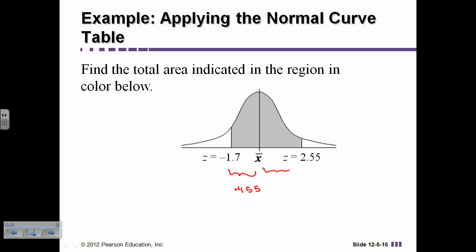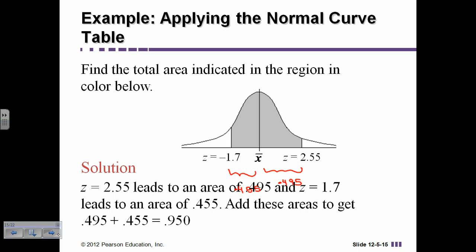And if I look in my chart for a z-score of 2.55, I end up with a value of 0.495. And so to find the area of all of this shaded region, I want to add those two values together, and I get 0.950 as the area under the curve, which is 95%.